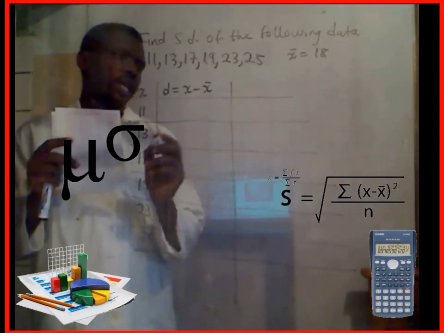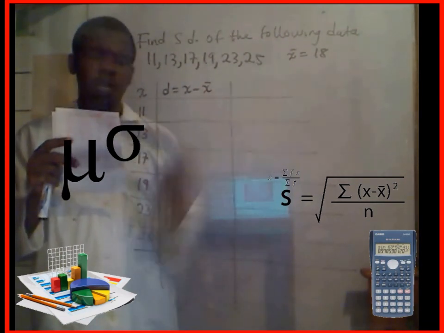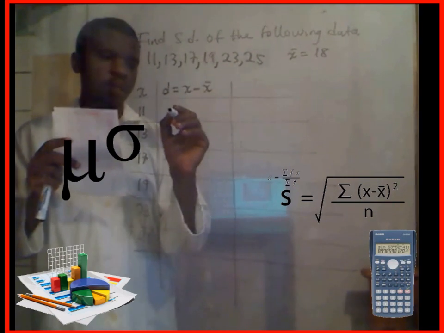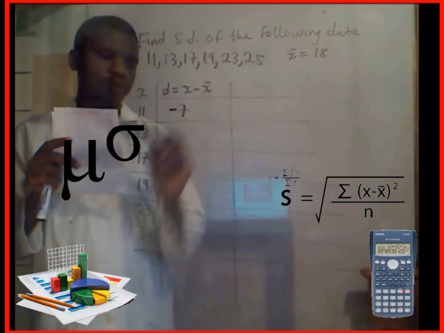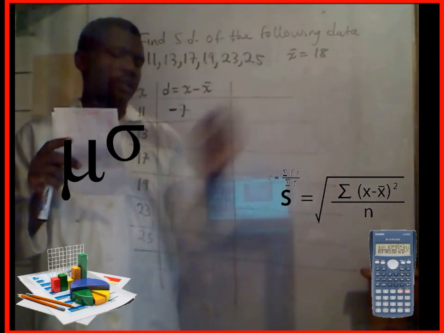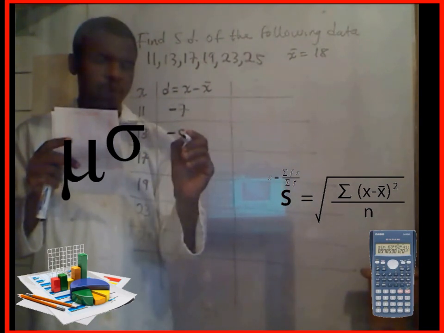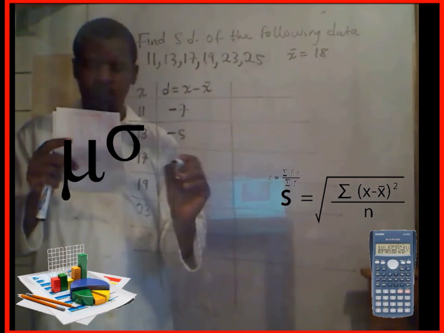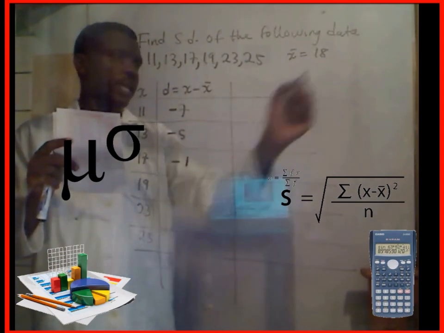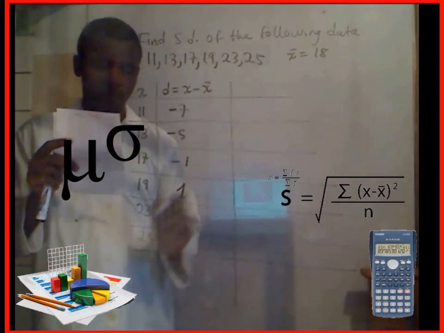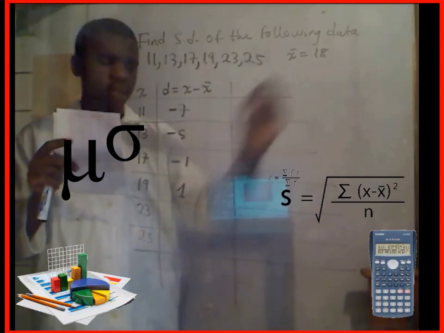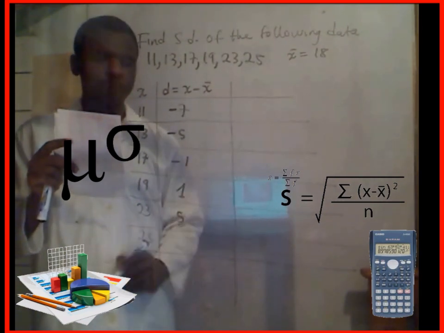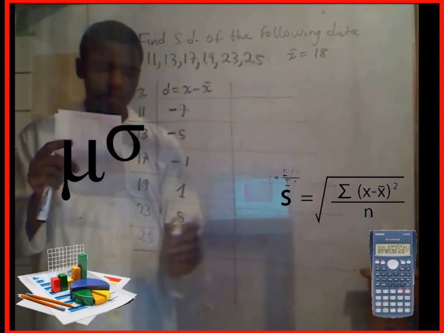So here I shall have 11 minus 18, which gives us minus 7, 13 minus 18, which gives me minus 5, 17 minus 18 gives me minus 1, 19 minus 18 gives me 1, 23 minus 18 gives me 5, 25 minus 18 gives me 7.